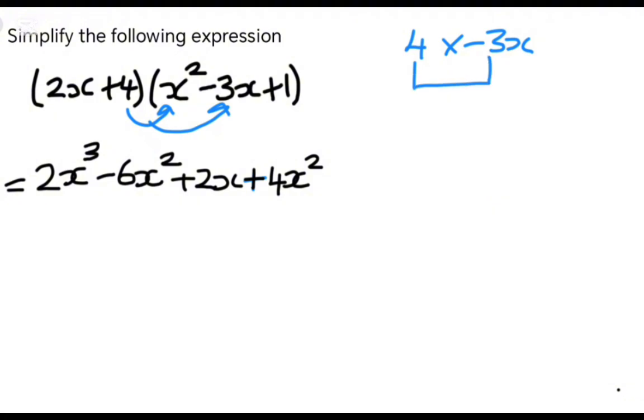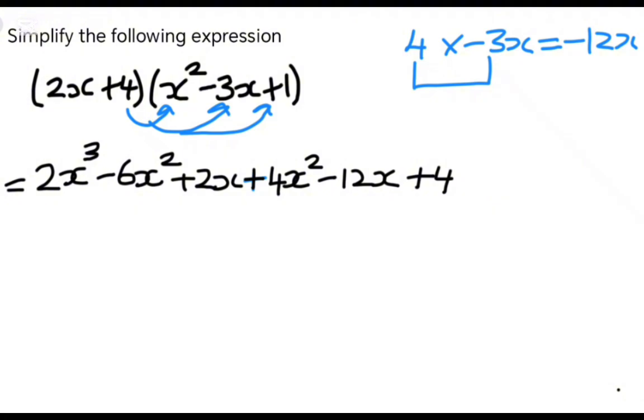So here a number multiplied by a number is going to be negative 12, and then we're going to keep x as it is because there is no other variable to multiply it with. So we're going to have negative 12x. The other one which we're going to do, you're going to take this 4 and multiply with the last one. That's going to give us 4. Why? Because any number multiplied by 1 is equal to that number.